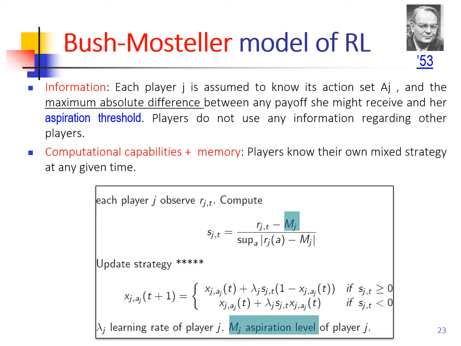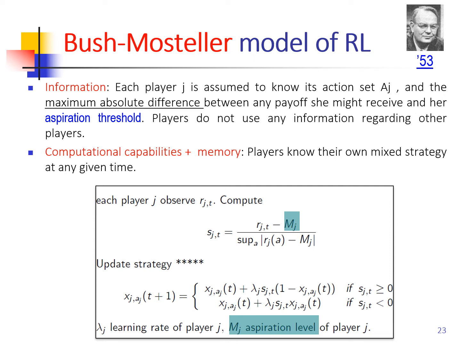Moreover, the players do not use any information regarding the other players. So the only thing the agent knows, again, is its action set and the maximum difference between the payoff it gets and the target payoff that it wants. So in terms of computational capabilities and memory, here the players know their own mixed strategies at every time t.